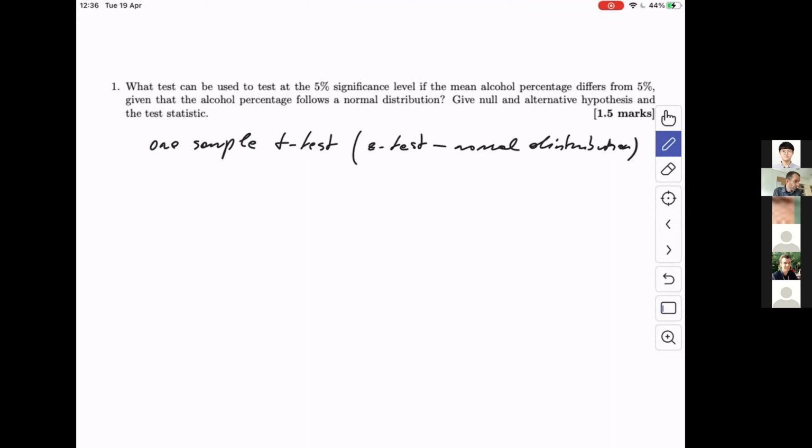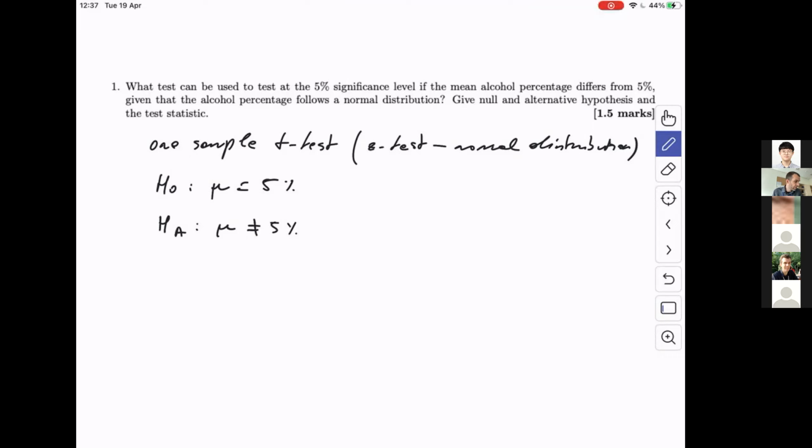What would we use for the null hypothesis? The null hypothesis is that the mean alcohol level across the population of all possible beer bottles is 5%. And the alternative is that it's not 5%. In this case, you want to use a two-sided test because the alcohol level could be higher or it could be lower.